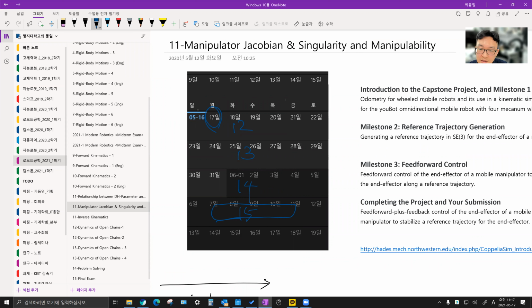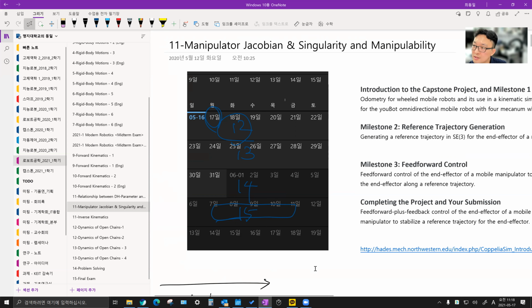But my goal is to complete the inverse kinematics and Jacobian in this week, and in the 12th week we will take dynamics.